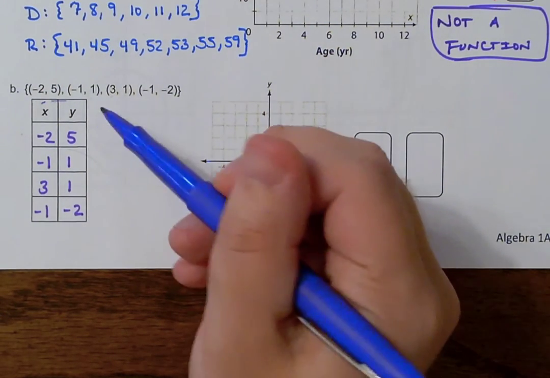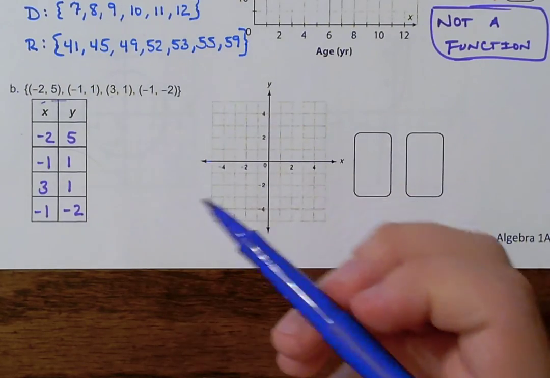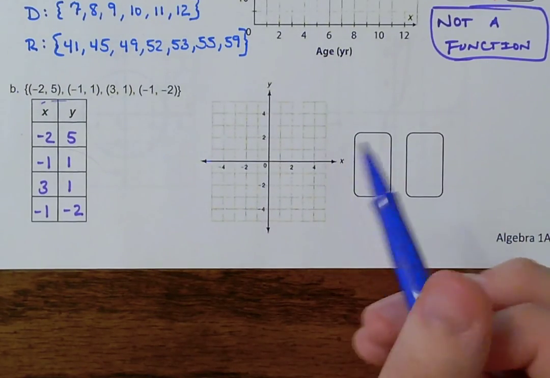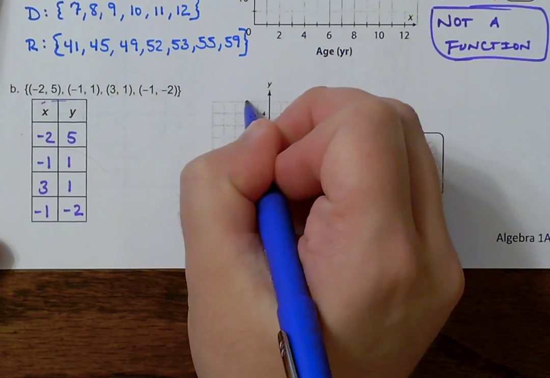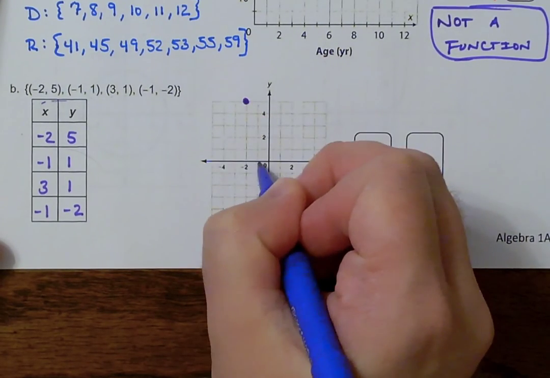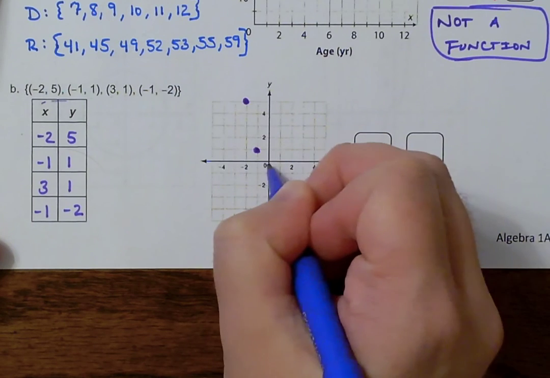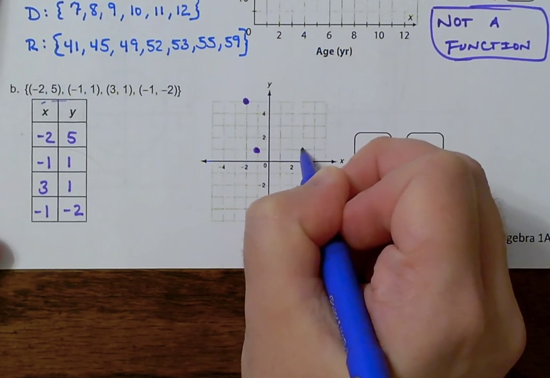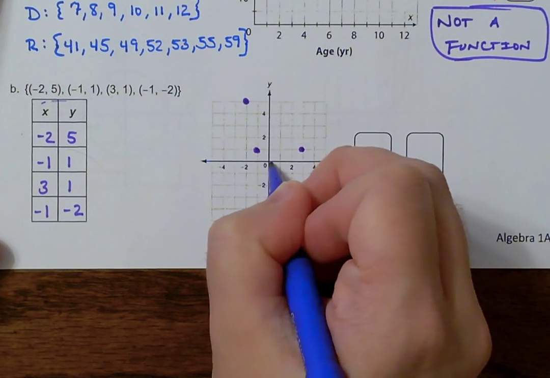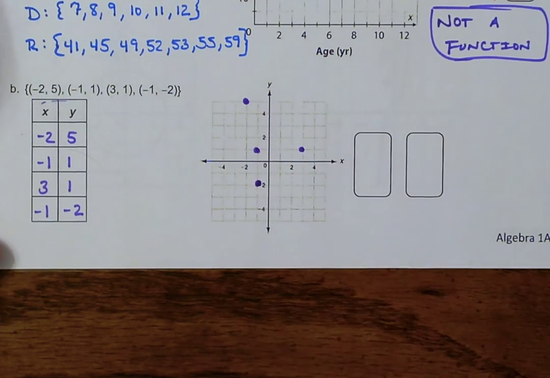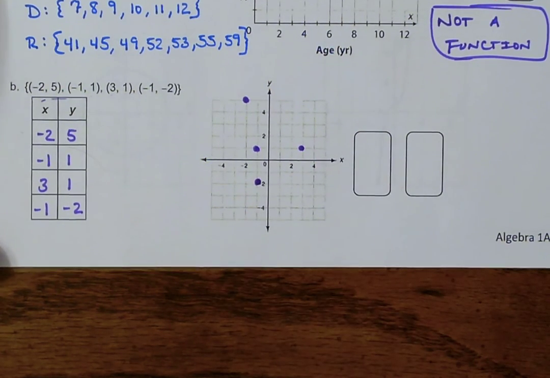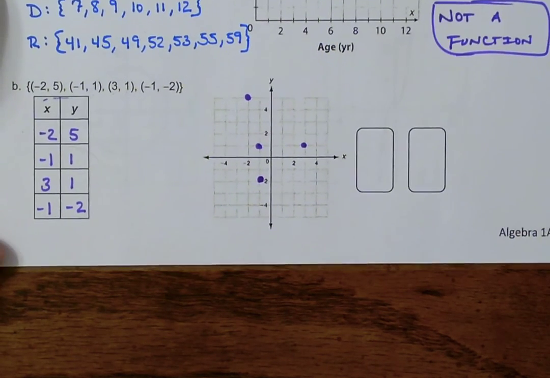All right, so that is my table. If we're then going to go through and graph these, my graph would be (-2, 5), (-1, 1), (3, 1), and then (-1, -2). All right, so that's my graph representation.